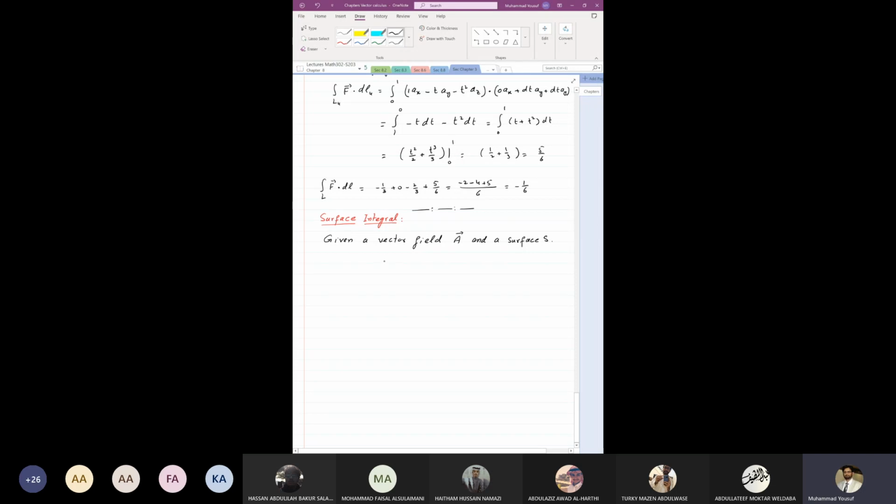So the surface integral is defined as A dot ds.